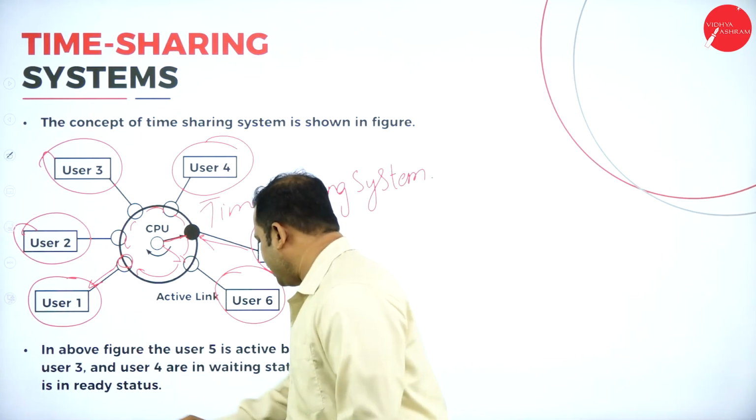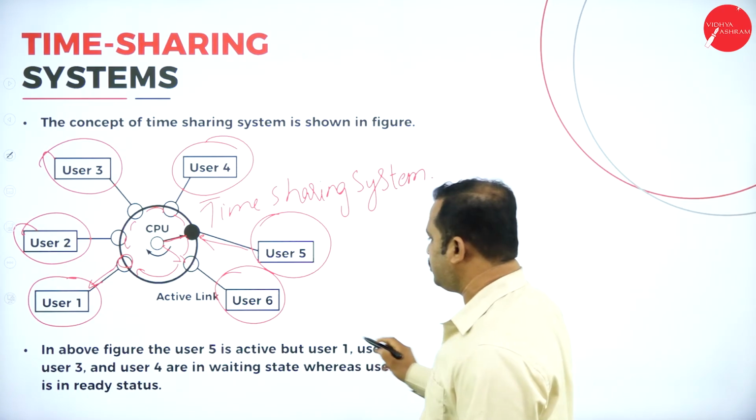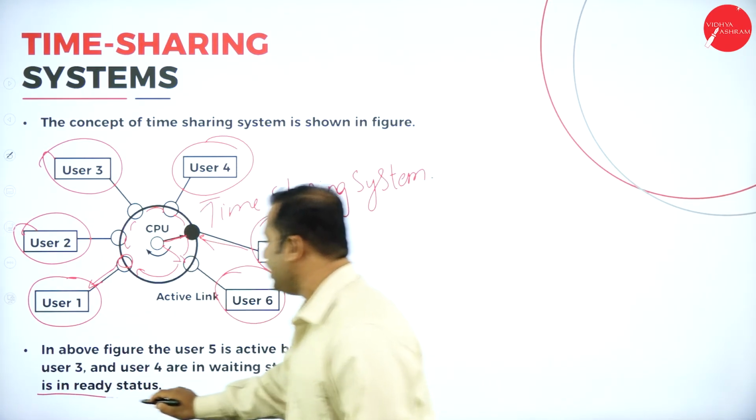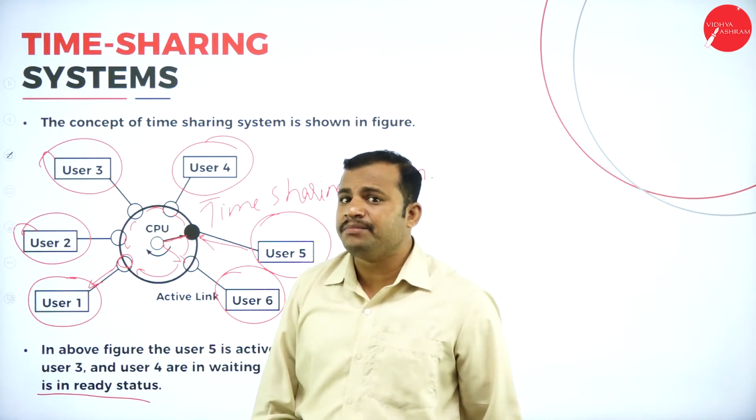In the above figure, user 5 is active, but users 1, 2, 3 and 4 are in waiting state, whereas user 6 is in ready state. What does that mean?